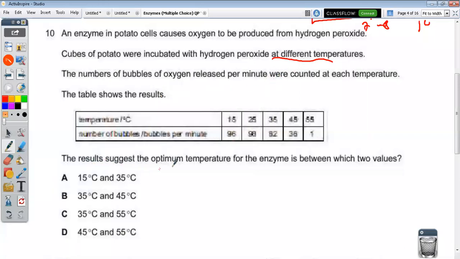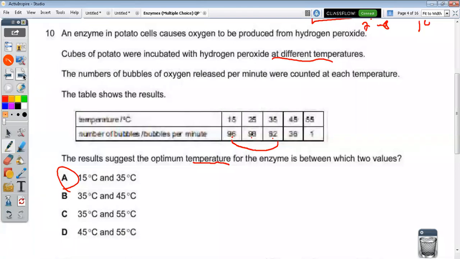The results suggest that the optimum, so best temperature is where you have more gas bubbles. Where do you have more gas bubbles? 96, 98, 82. There. So what's the answer straight away? That's where you have the optimum temperature, where you have more gas bubbles. Clear?